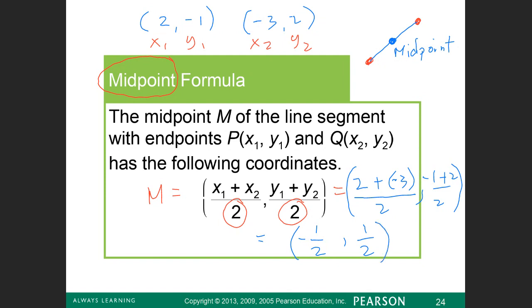So that would be your answer. So this would be our midpoint. So basically, it's just applying the formula. So if you're thinking about using formulas, that's actually what we're doing here. We're calculating distance and we're calculating the midpoint.